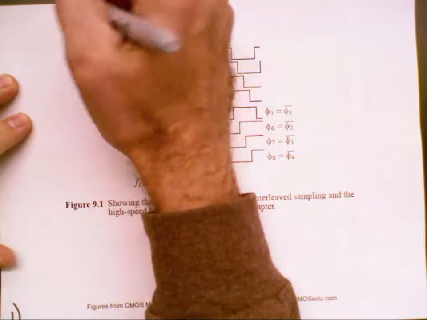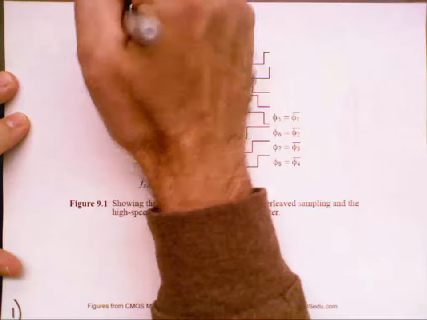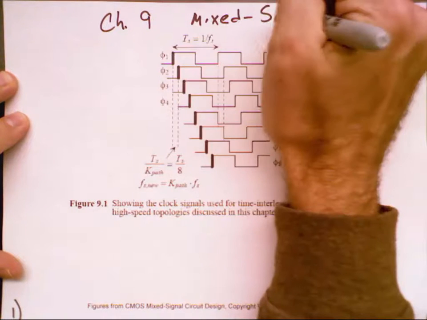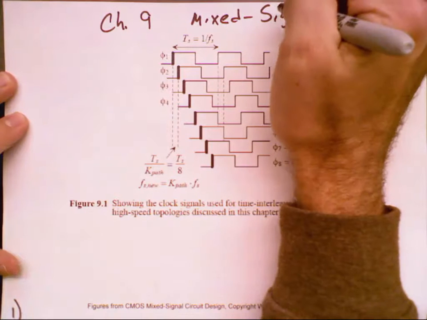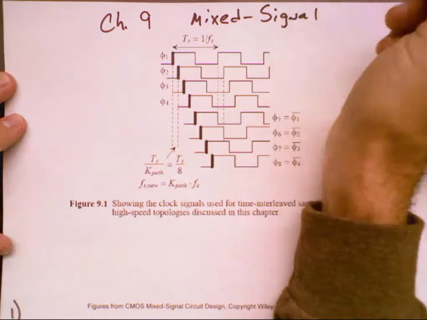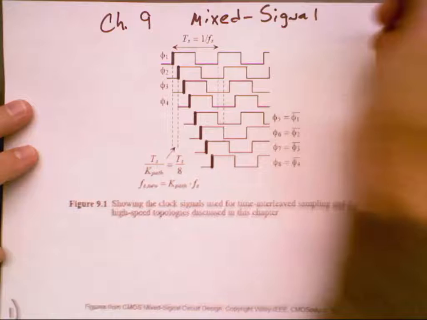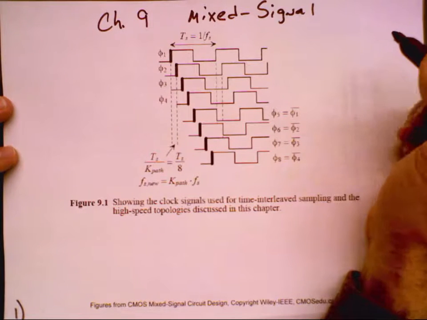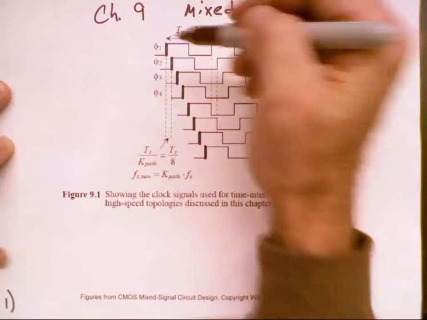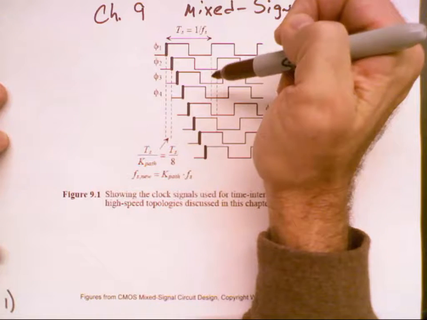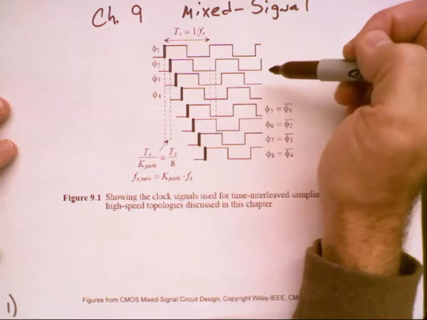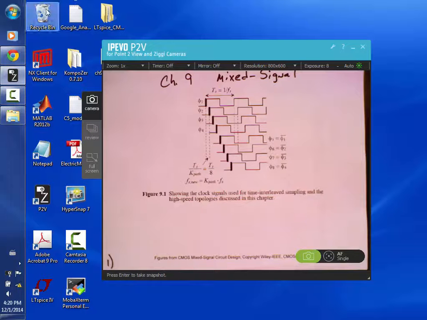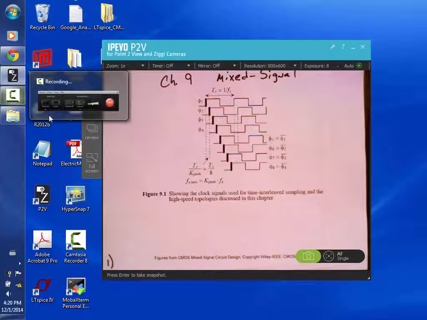This is chapter 9, mixed signal. Sorry, the lecture number. In this, there are a couple of things we need to notice. One, we care basically about the edges, but since the topology in chapter 9 is a switched capacitor topology, we have to ensure that the clocks we use are non-overlapping.